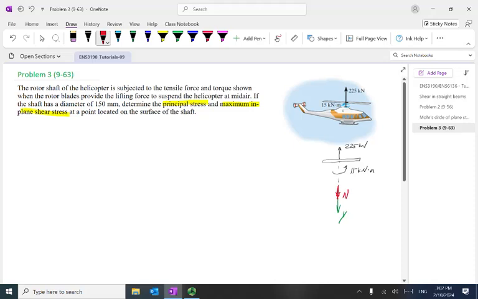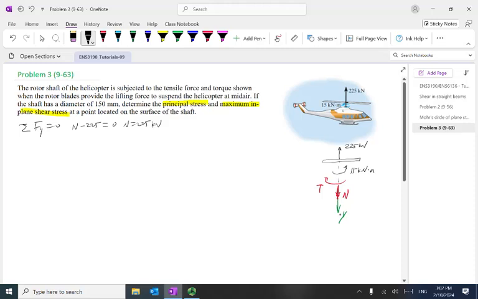And the torque will be in the opposite direction. Remember, that's all the external loading, but we put in the internal loading. So from here, the summation of all Fy equals 0. That means N minus 225 equals 0, so N equals 225 kilonewton.